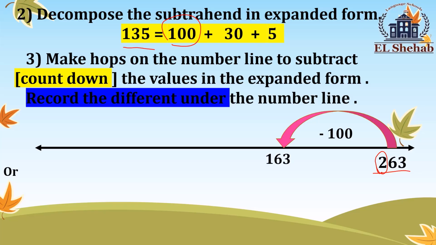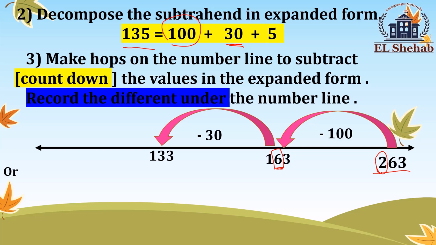Then, now I will go back 30. 30, it's a 10th number. So this means that the only number that will change, the 10th number, it will be less by 3. So let's go back 3 tenths. Before 163, 153, 143, 133.